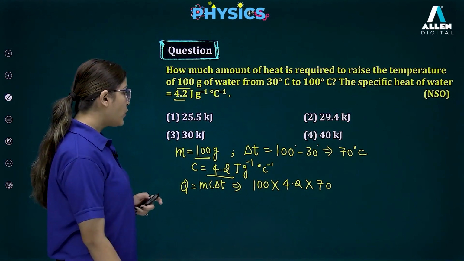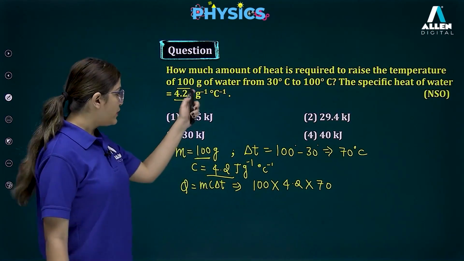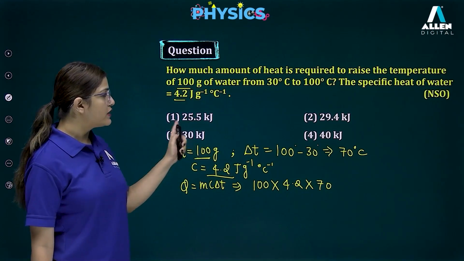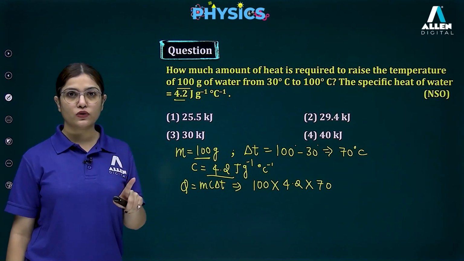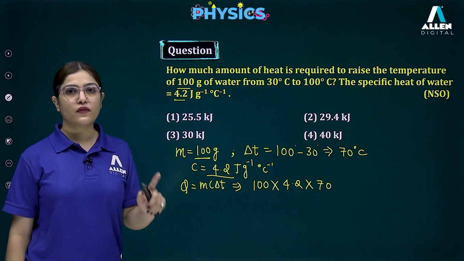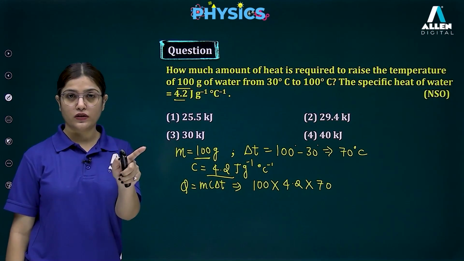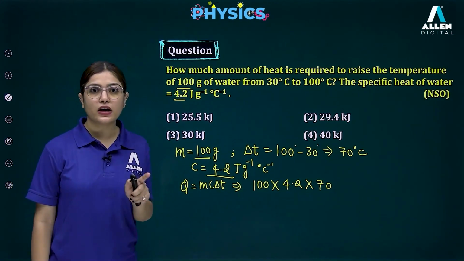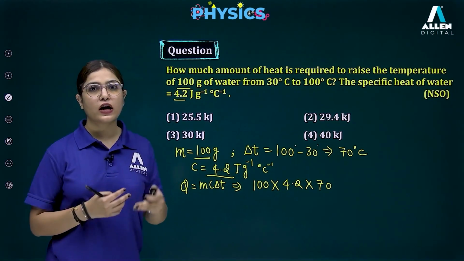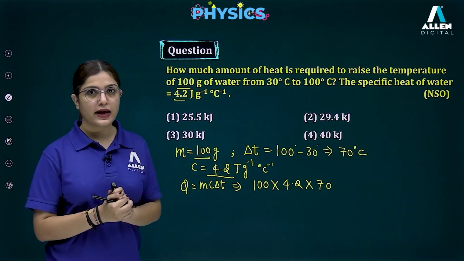Now, when we look at all the options, we will find that the answer is given in kilojoule. So whatever answer we find, we have to convert it into kilojoule as well.